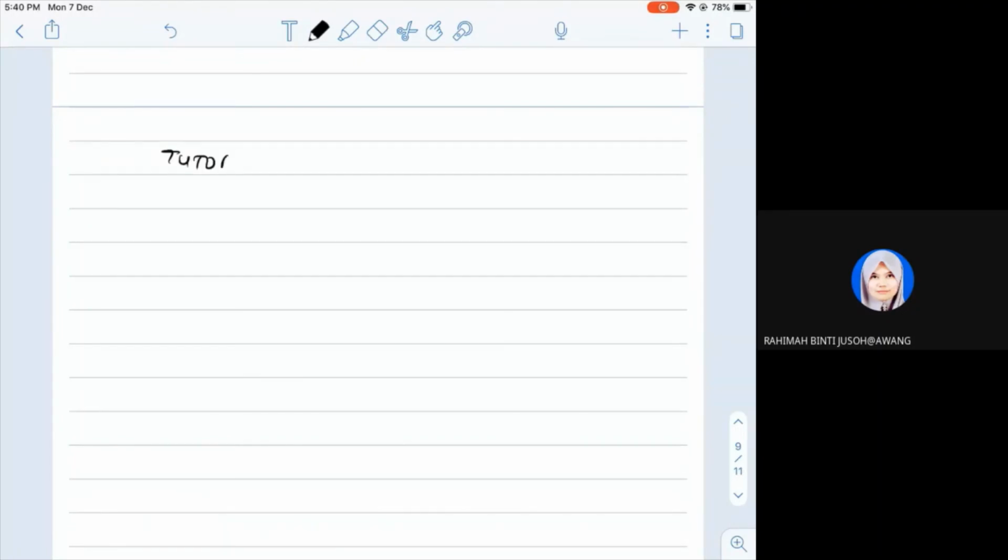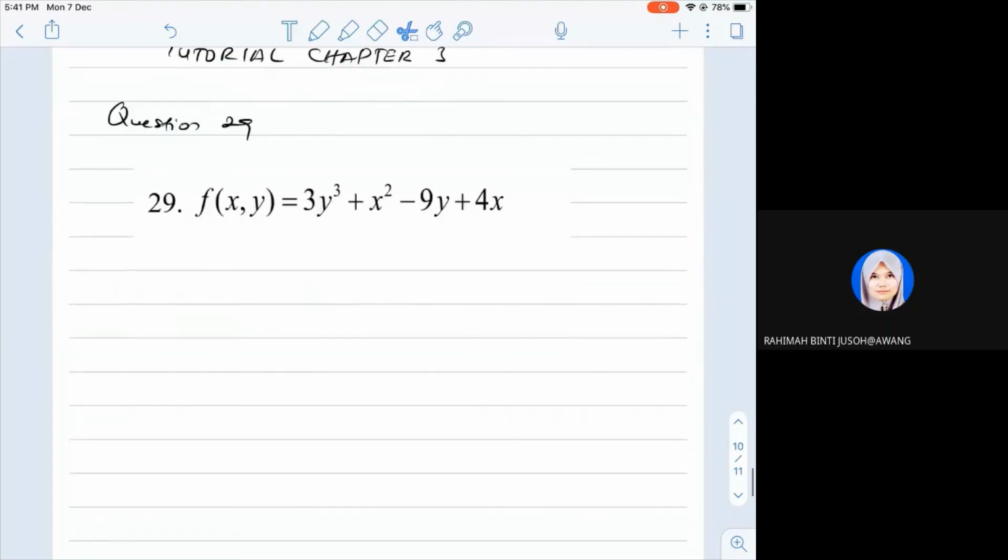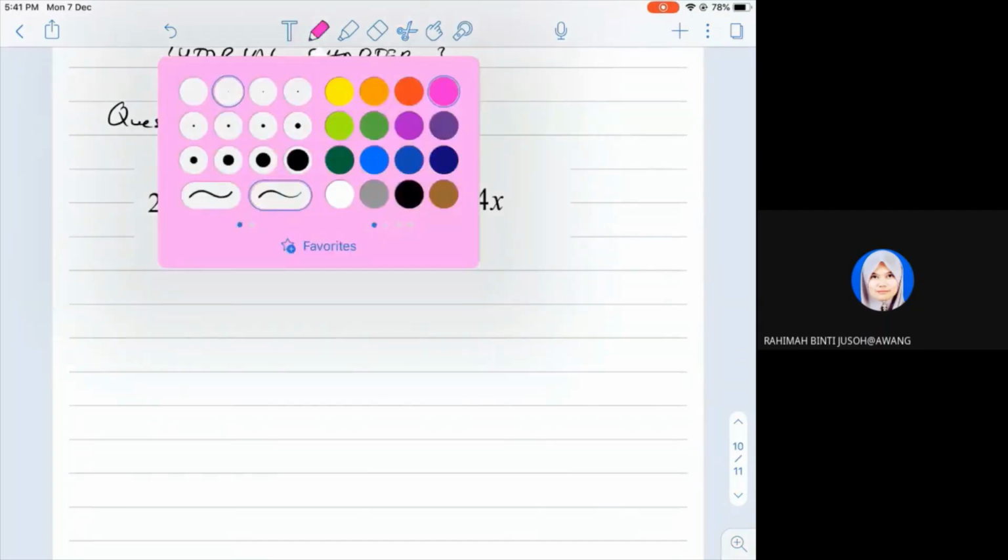Tutorial, Chapter 3, question number 29. Agak-agak ada berapa critical point ni. Okay, so jom kita buat soalan ni.